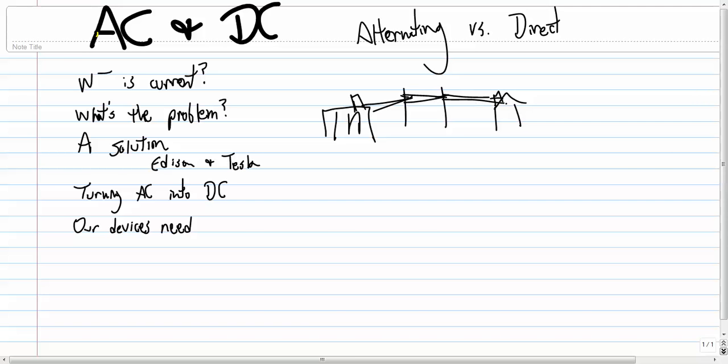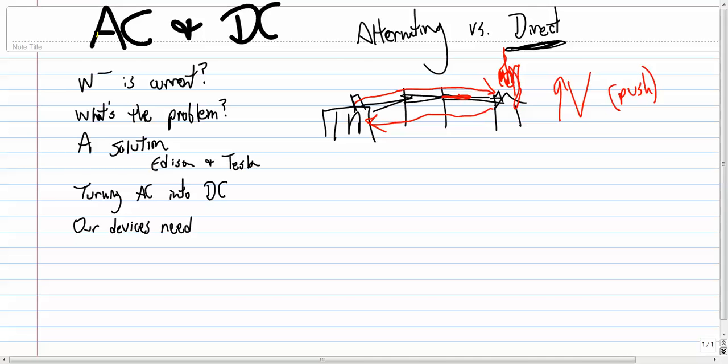You need to have conductors going to your house, and the problem is that if you try to use DC, you're trying to make the factory push those electrons all the way through whatever distance of wires, through the devices in your house while you use them, and then push them all the way back to the factory. It turns out that you need such high voltage, so much push, that's what voltage is, that you might wind up melting the wires, you might wind up burning down your house. It's just not the best way to go.